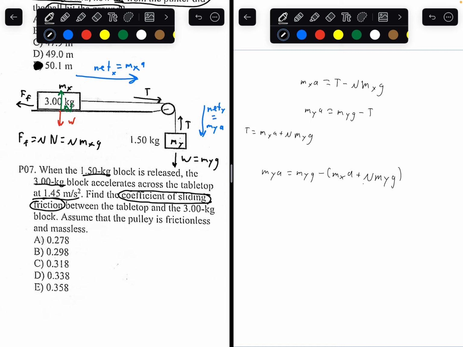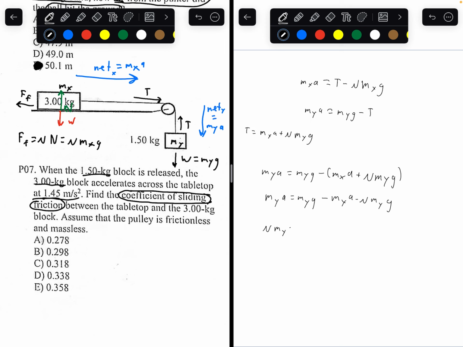Now we're trying to find the coefficient, so we want to isolate the coefficient. Let's first distribute the negative sign. Now you have this equation. Let's bring this term to the other side, because we want to isolate the coefficient. That's our goal.